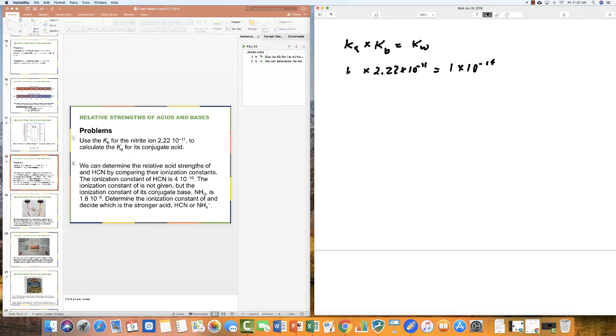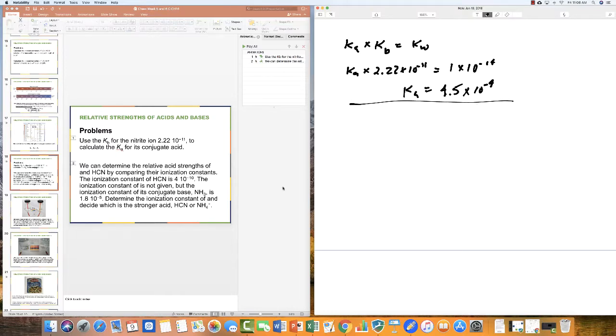So that means that Ka times this 2.22 has to equal 1 times 10 to the minus 14. So Ka has to equal 4.5 times 10 to the minus 4. And if you take 4.5 times 10 to the minus 4 times 2.22 times 10 to the minus 11, you're going to get 1 times 10 to the minus 14.